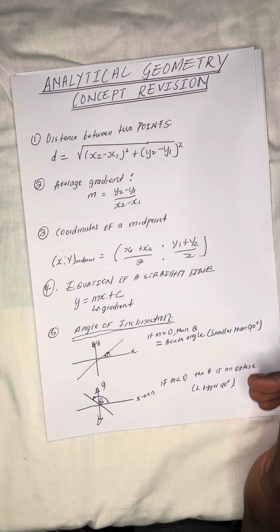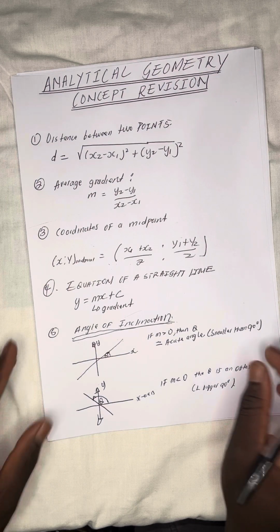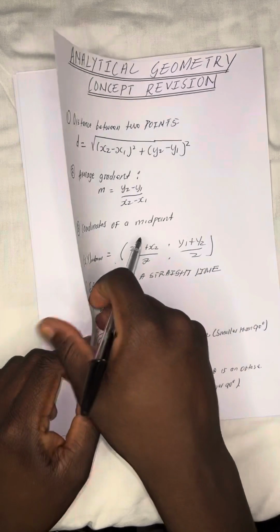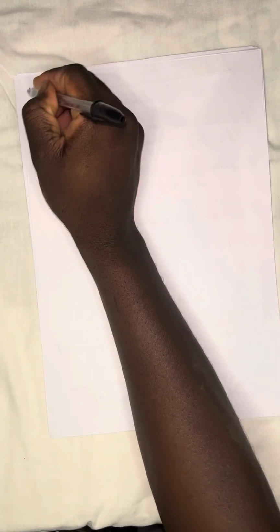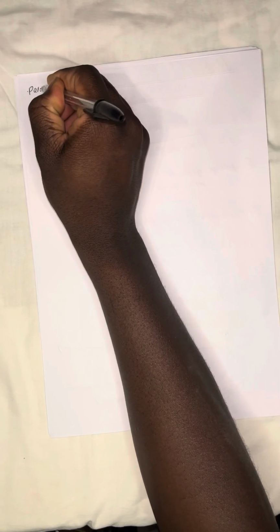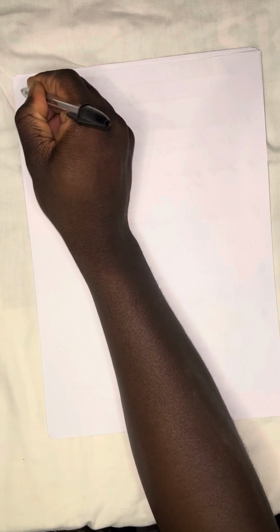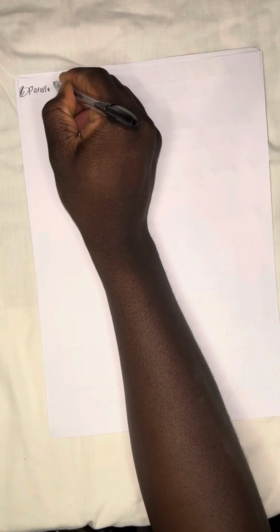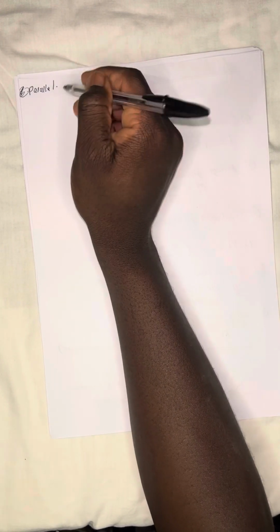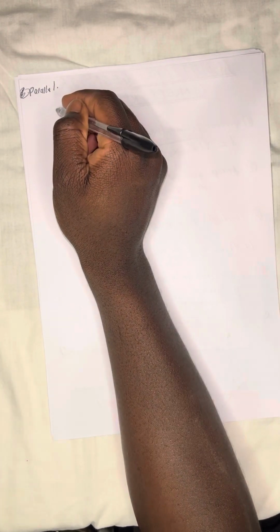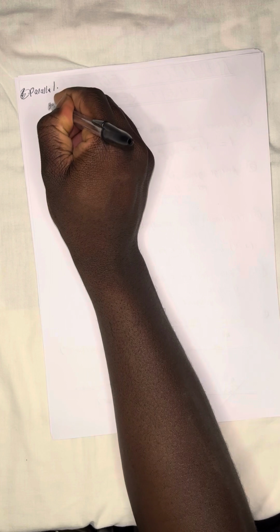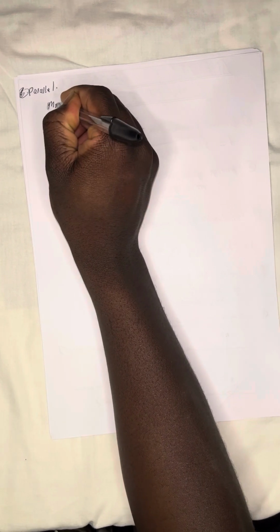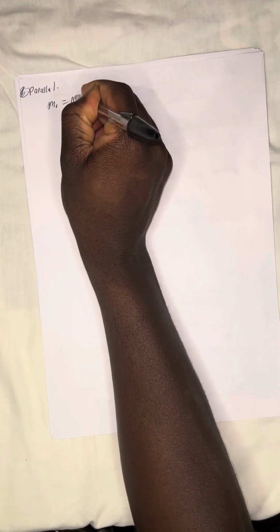So again, what is another thing that you need to know for analytical geometry? That would be your parallel lines, right? What you need to know about parallel lines is that if you have two parallel lines, the gradient in each line, so M1, will be equal to M2.